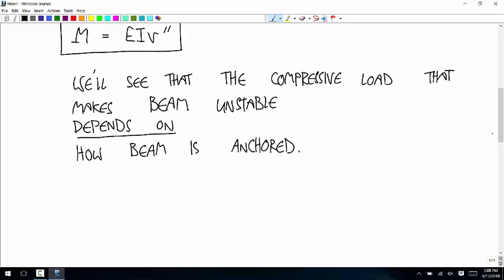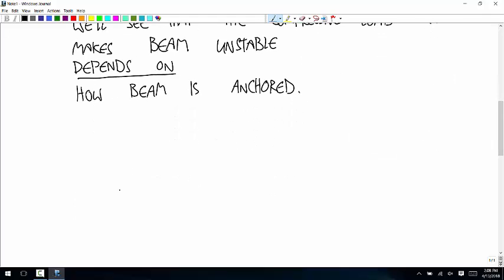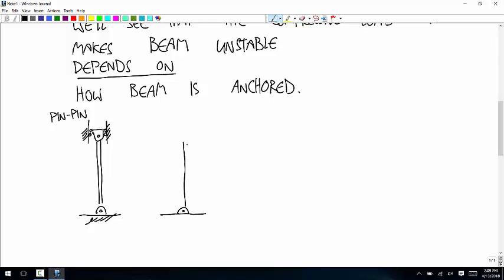So we're going to do the following conditions. We'll talk about beams that are pinned at both ends. We'll talk about beams, again, that are pinned at both ends, but this time they're also restricted somewhere else along their length.